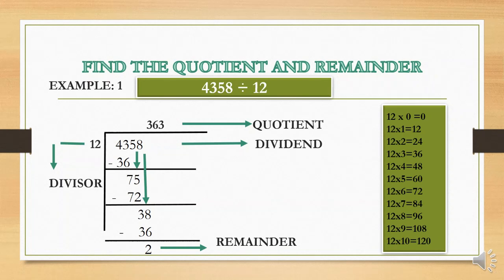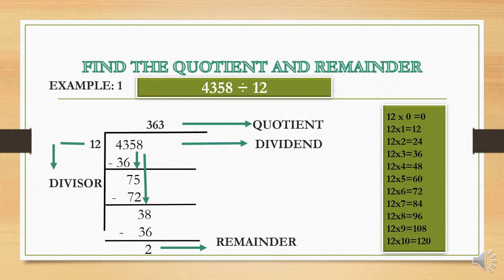So here we again compare 38 and 12. Here 38 is greater than 12. So we can divide 38 by 12. The nearest product in the table of 12 to 38 is 36. So we write 3 in the quotient above the 8 and 36 under 38.